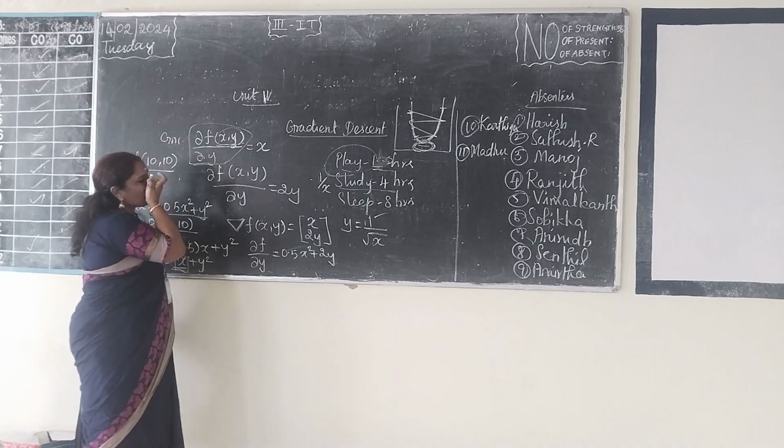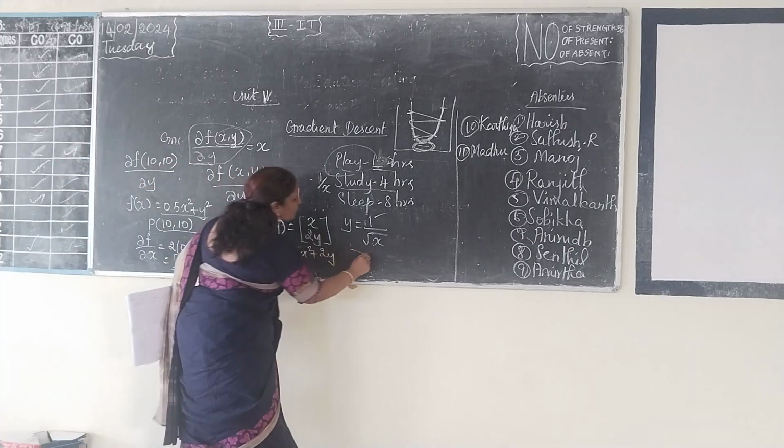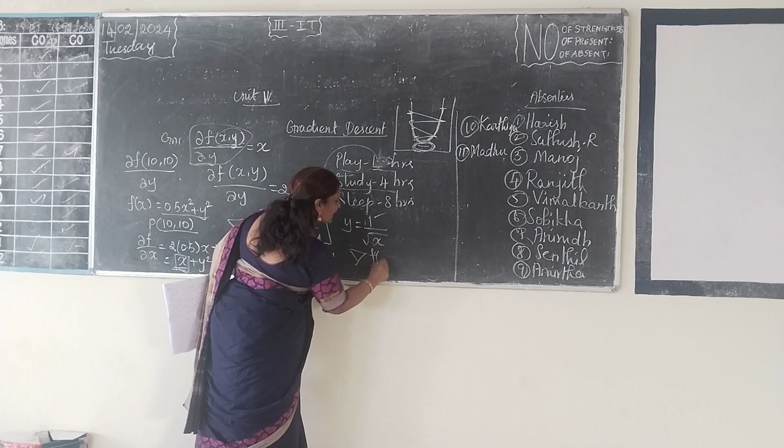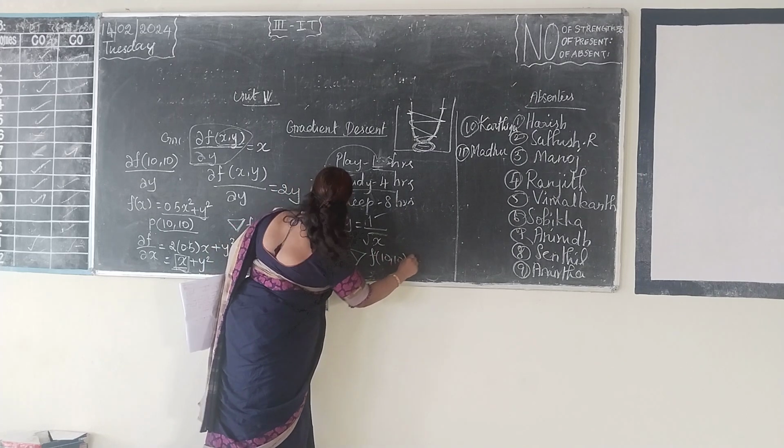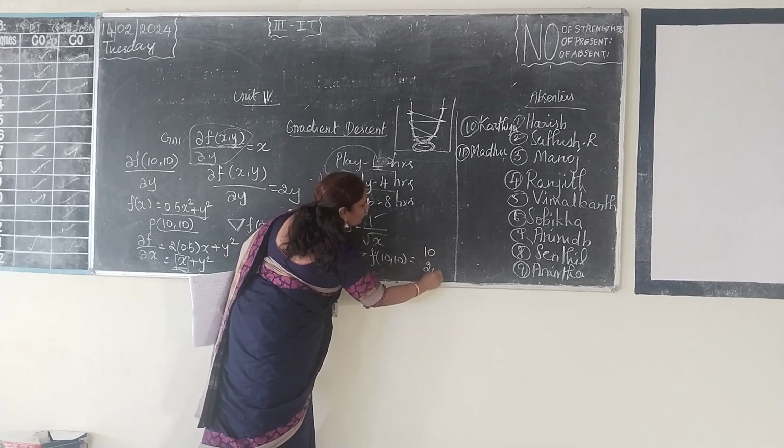Apply 10 for x and 10 for y. So finally your gradient is f of 10 comma 10, which will be 10 and 20.